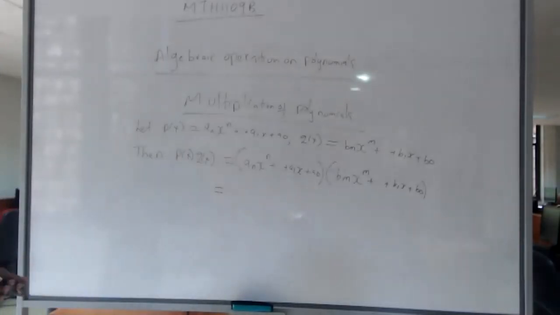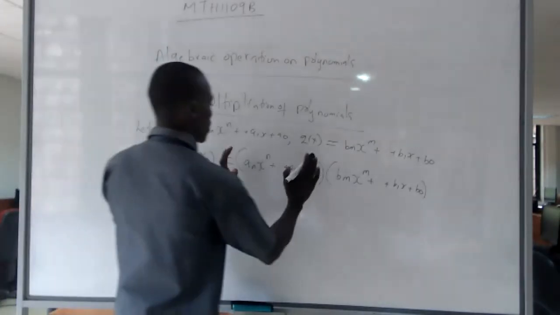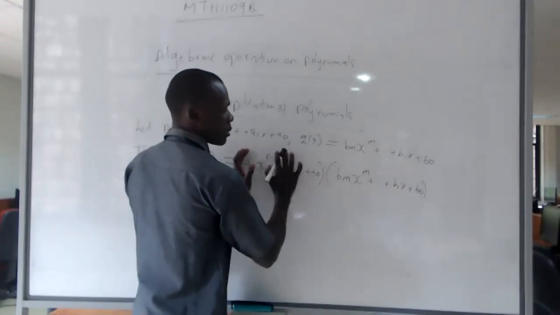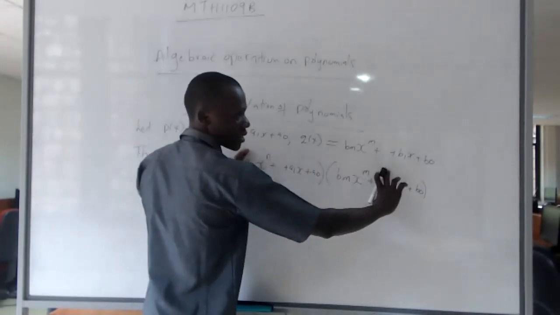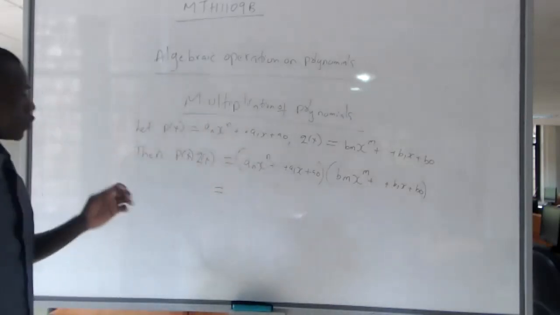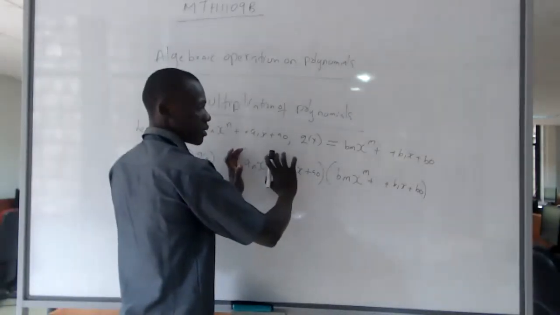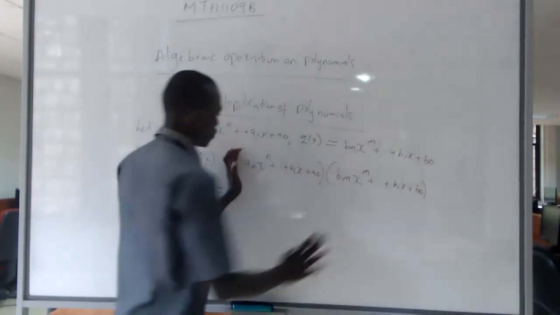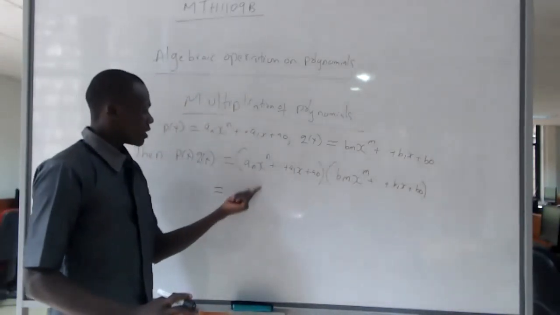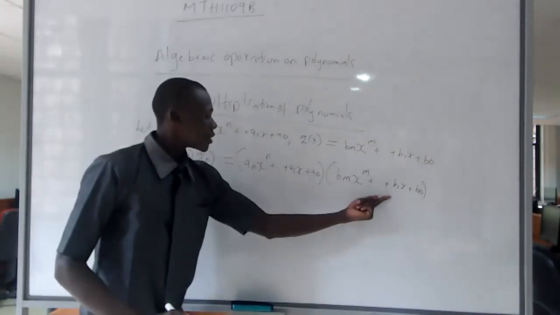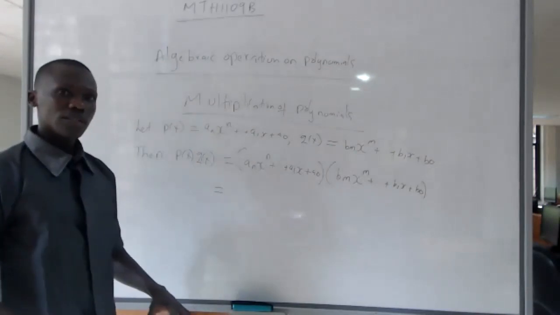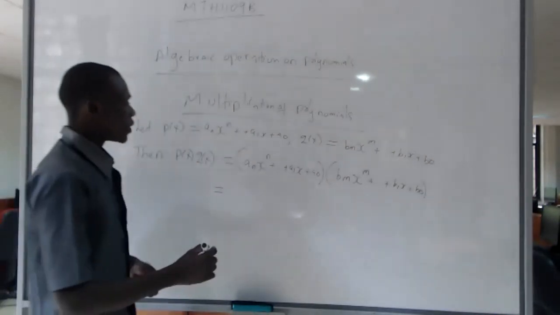So this is where now you have to remember what we did with scalar multiplication. You want to take each of the terms on the left-hand side, multiply by each of the terms on the right-hand side. I want you to treat each term maybe as a scalar. Use it to multiply the terms on the right-hand side. And then after that, add all the terms that have the same exponent.